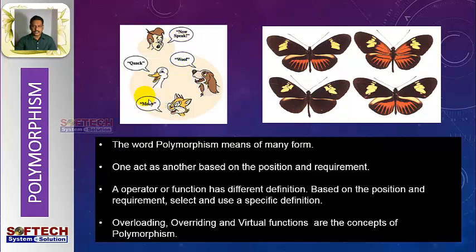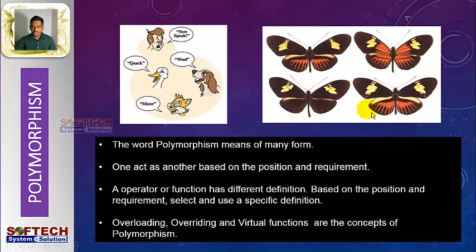Cat also creates some sound. Duck also creates some sound. But all create some sound. The sound is common, but based on the person, that is, based on the position, the sound will differ. This is a kind of polymorphism.